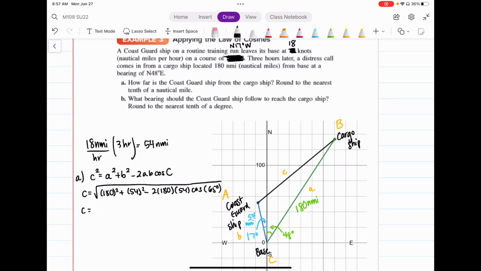Make sure your calculator is in degrees before you run these numbers, and you will get that C is equal to approximately 164.6 nautical miles.